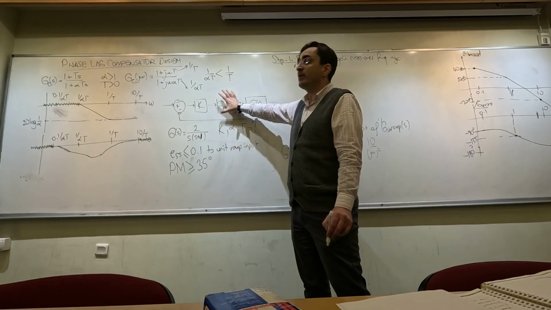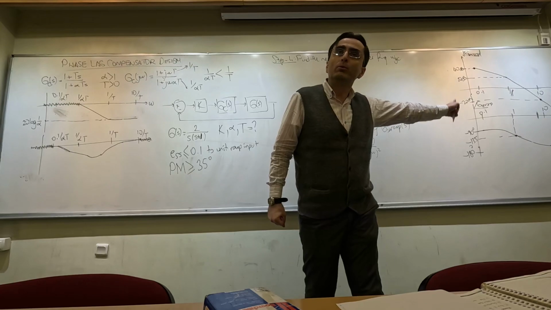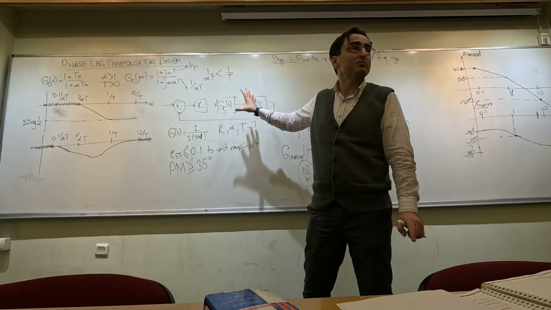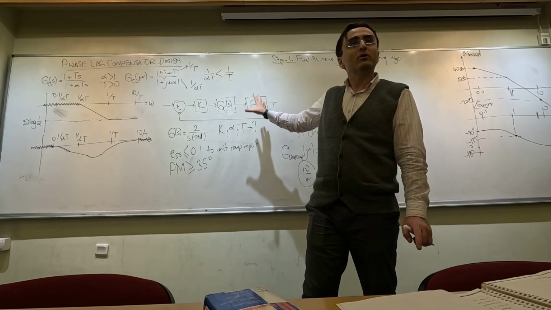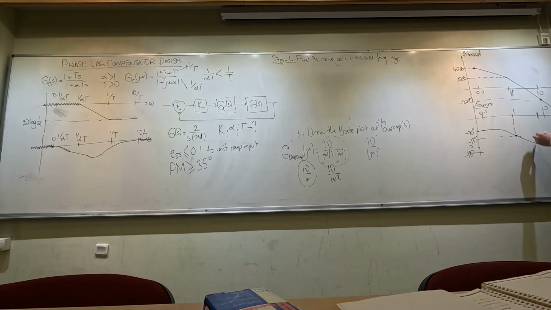Okay? This is the phase margin of the closed loop system. We are drawing the Bode plot of the open loop system, and based on the open loop system, we are determining the phase margin of the closed loop system. Okay, that is what we are doing here. And this phase margin is actually really small currently. It is at around 17 degrees.